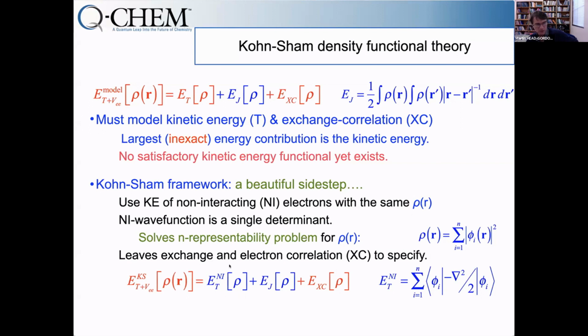So this then goes from red to blue. It's gone from inexact and not yet properly solved to now blue and exact. And it also solves the n-representability problem. If someone presents you with a density, how do you know it comes from a wave function? Well, now we do know. This comes from the Kohn-Sham determinant for sure. So the n-representability problem and the kinetic energy problem are solved.